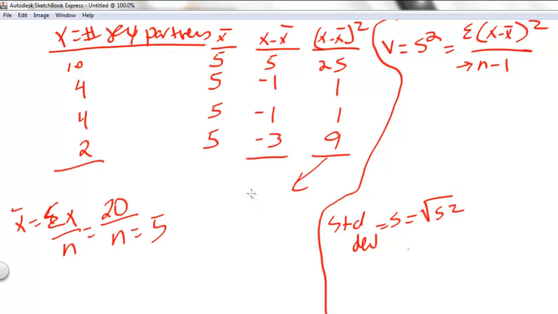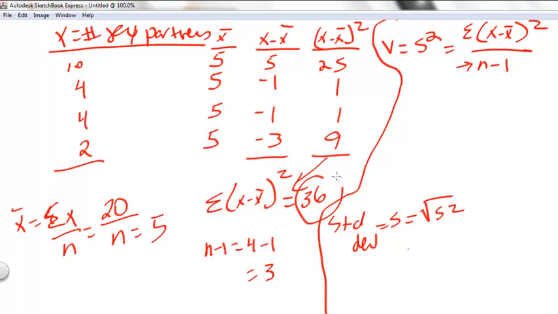Okay, so now the sum of these x minus x bar squared is 25 plus 1 plus 1 plus 9. 25, 26, 27, 36. Okay, and we know that n minus 1 is going to be 4 minus 1, so that's going to be 3. Okay, so we can put these two pieces into our formula here.